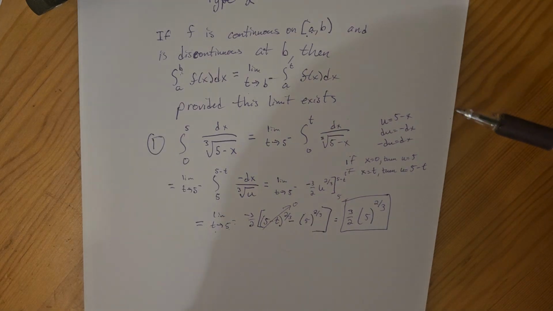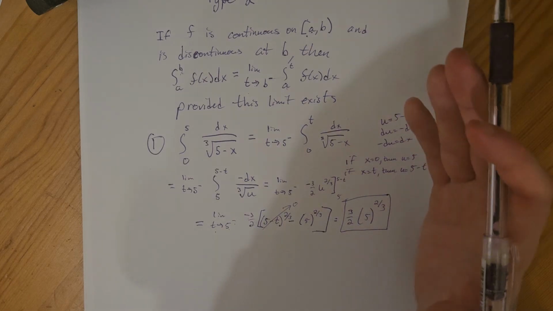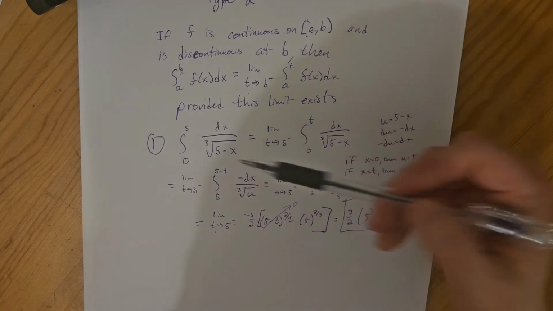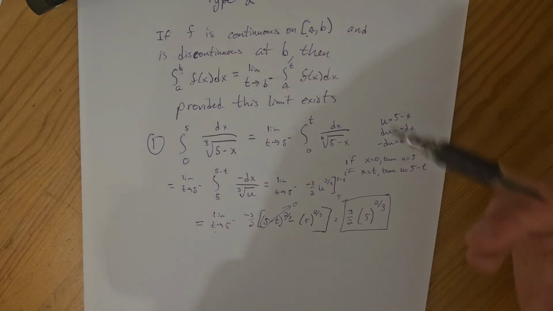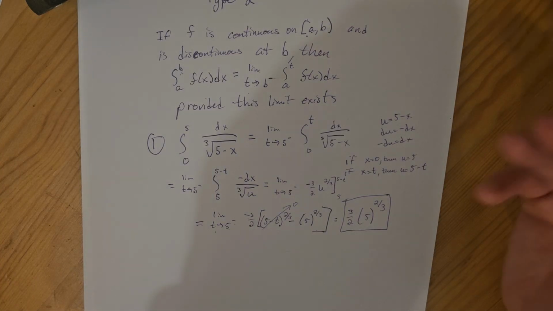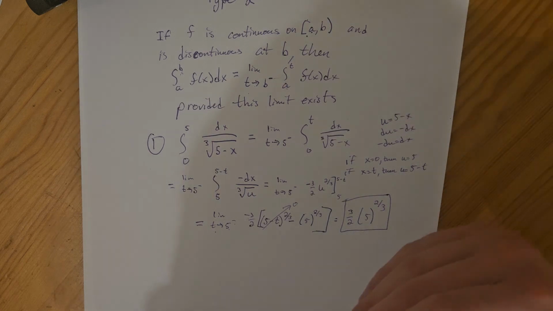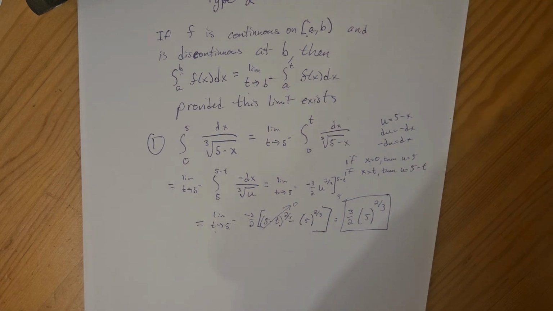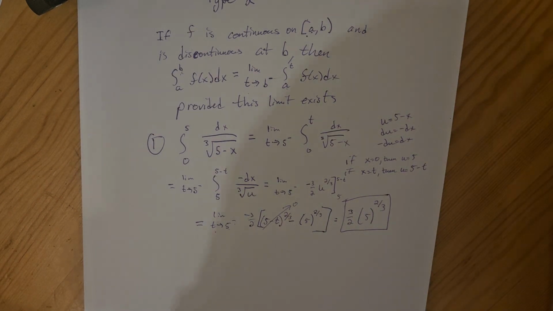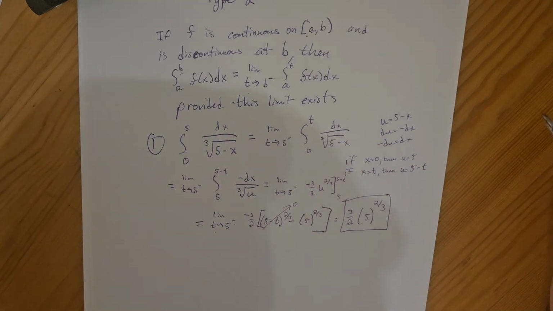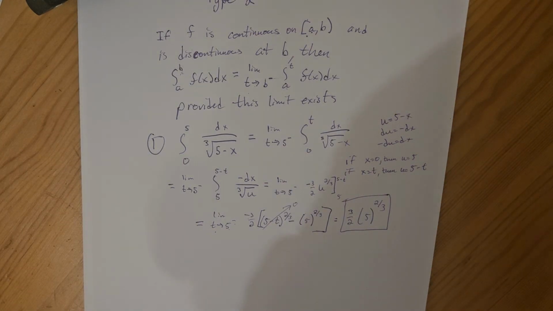And furthermore, if we have a finite number of these holes or asymptotes in the middle, then we can just break the problem up into 2 pieces and do the integral on the left side of this asymptote and do the integral on the right side of the asymptote, and then add up those 2 regions. And if both of those exist, then like in the previous video, we can just add those 2 together to get the whole thing. So we could do something similar here with type 2 if we have an asymptote in the middle.